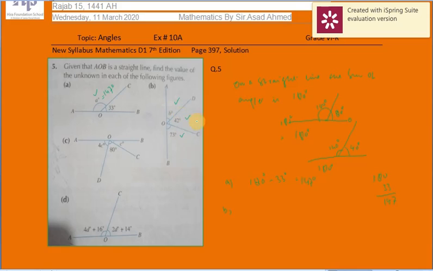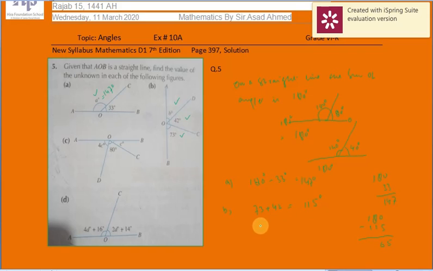In part B, there are three angles, B, 42 and 73, and they are all on a straight line. So when we add the three, the sum should be equal to 180 degrees. First we add 73 plus 42 degrees, which is 115 degrees, and we have to find B as well. B is missing, so 180 degrees minus 115 degrees is 65.